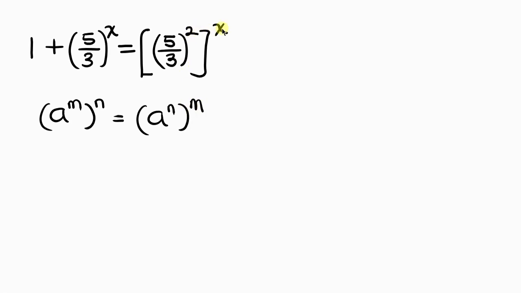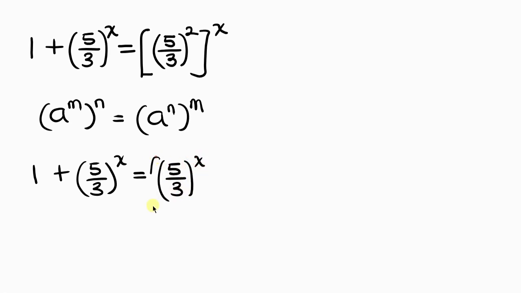So we can switch the position here by saying 1 plus 5 over 3 all raised to the x equal to, now switching the positions, we have 5 over 3 raised to the x, and this is raised to a power of 2. So we did that because we want what we have here to resemble what we have here.